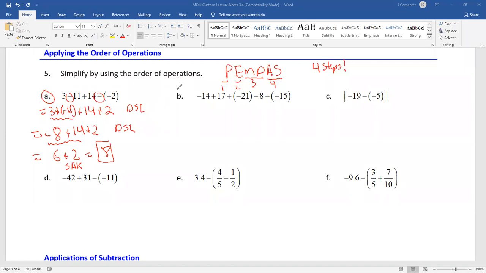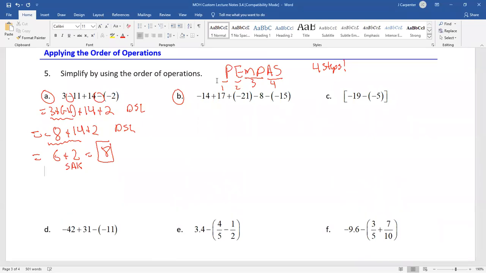Let's do B next. And I'm going to have to write a little smaller to cram all this in. Actually, I can just go back to this. And this is going to be the last problem we have for the day. Let's go ahead and do all the rewrites. Any subtraction becomes an addition.